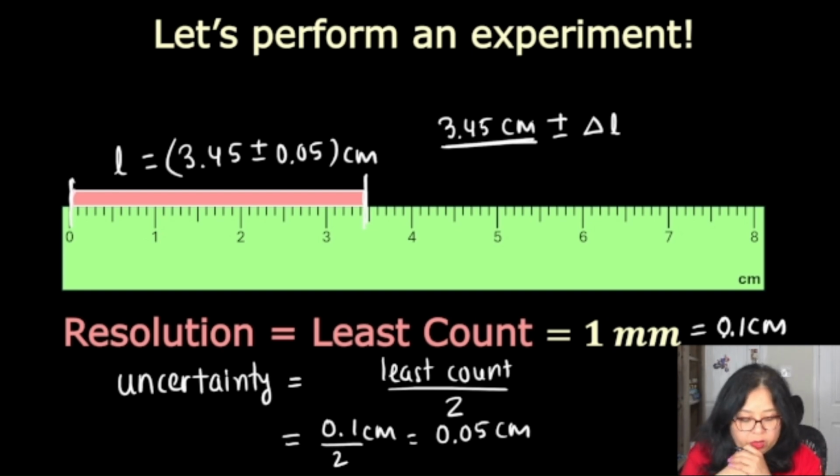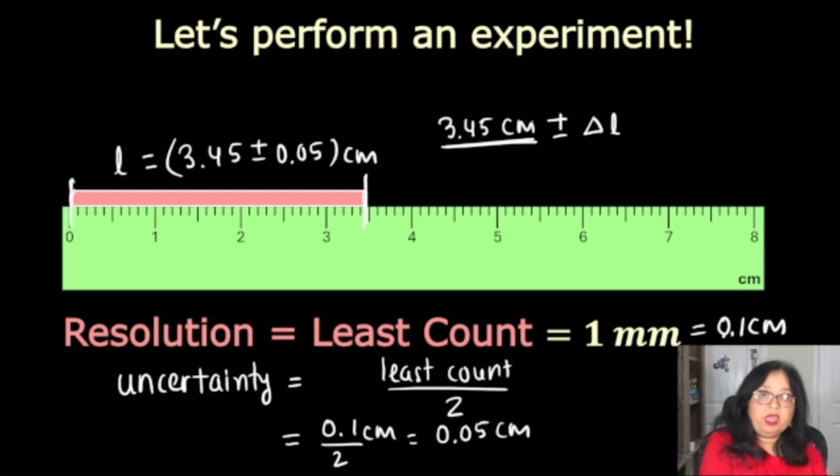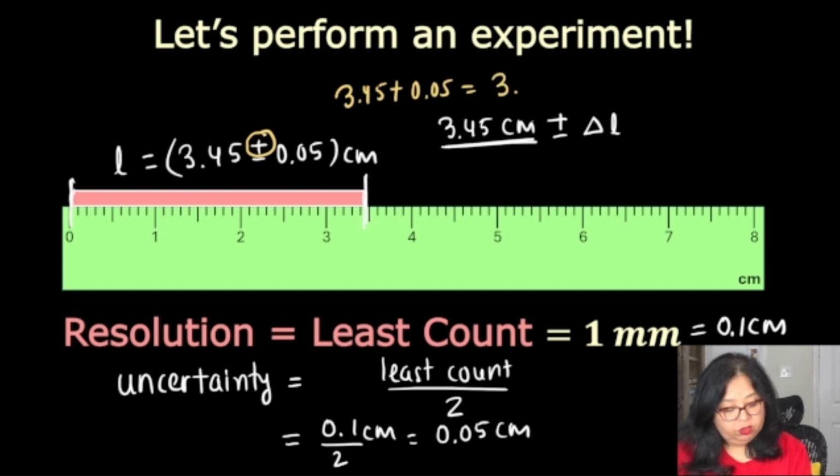It means that we're saying that the length of this rod is 3.45 centimeters, but we are not 100% certain. All we can say with certainty is that the value of the length will lie somewhere within a range, and we can tell the highest value and the lowest value of the range. To get the highest value, you choose this plus sign and you get 3.45 plus 0.05, which gives you 3.50 centimeters.